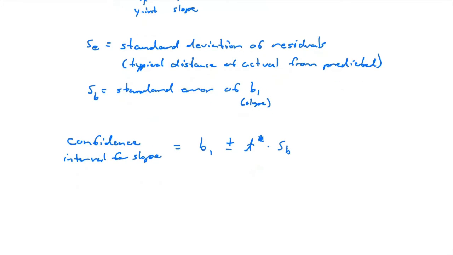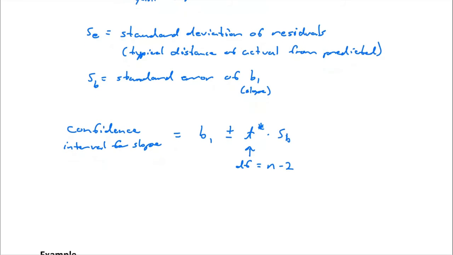Now, we find T, if you remember, using a table, but in that table, we need a DF. Normally we do DF is sample size minus 1, but because we're dealing with two variables now, we find DF by doing n minus 2, okay?